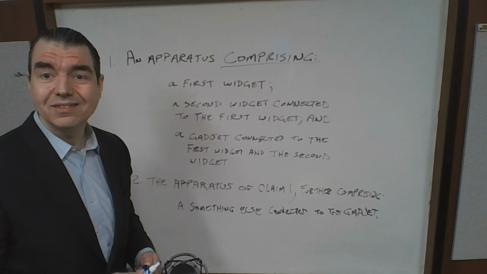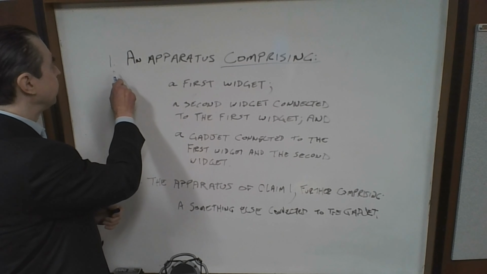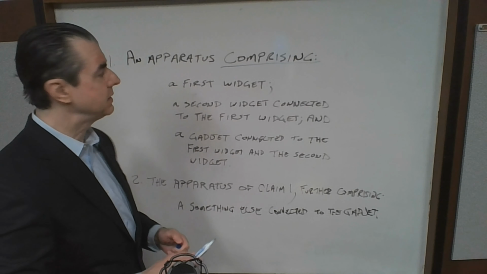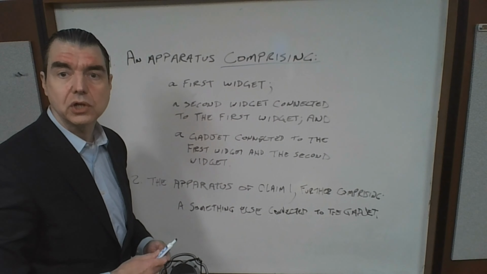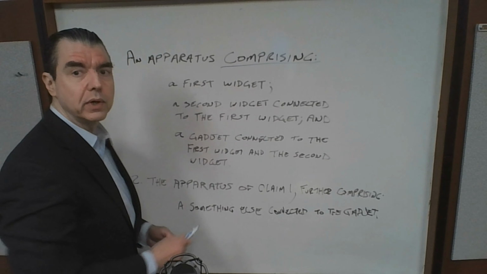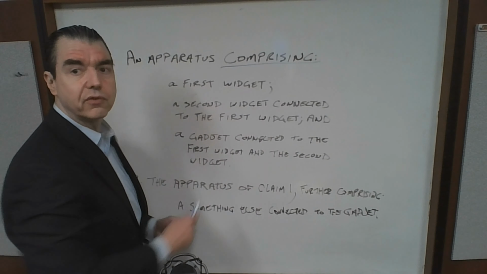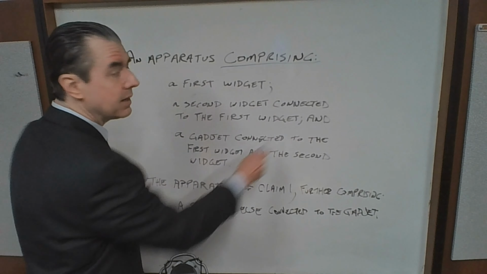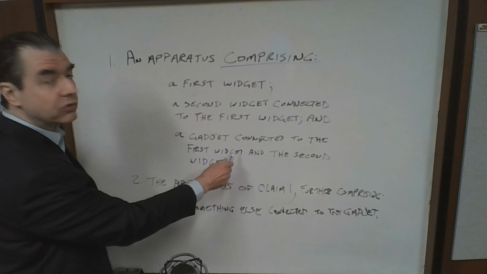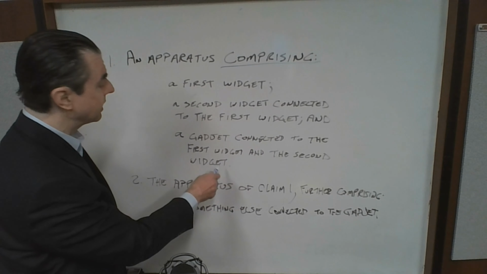So in this example claim, we have an apparatus comprising three limitations. The first limitation is a first widget. The second limitation is a second widget that's connected to the first widget, and a third limitation, a gadget connected to the first widget and the second widget.